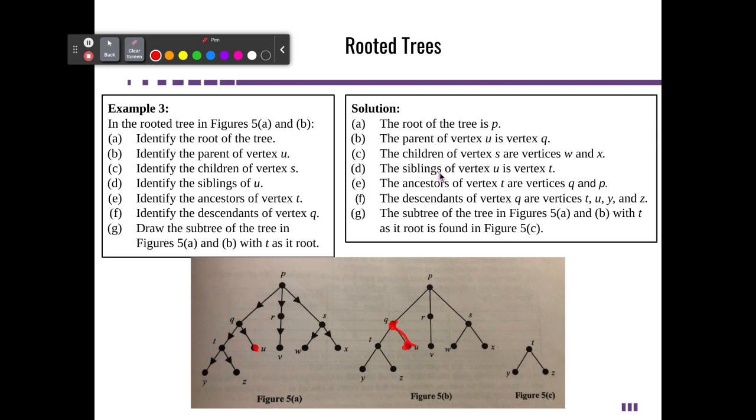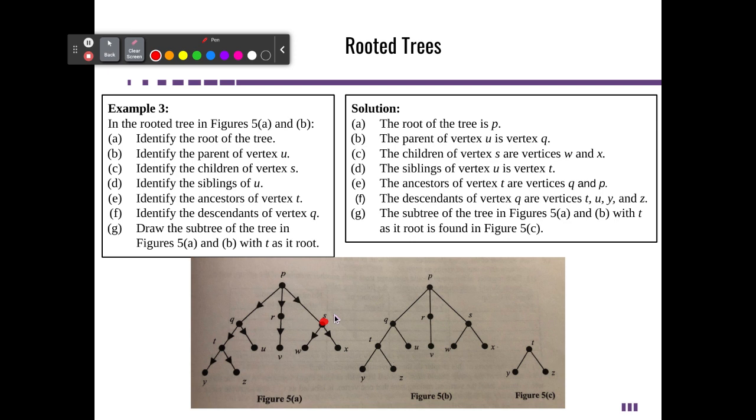Next, we're looking for the children of vertex S. Let's put some dots on those.